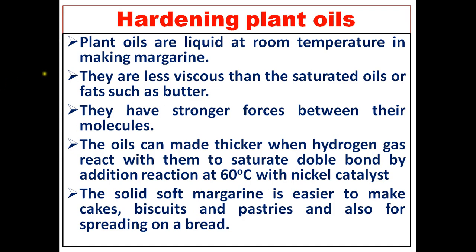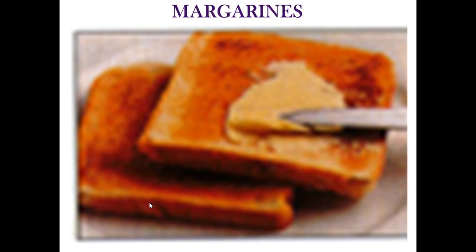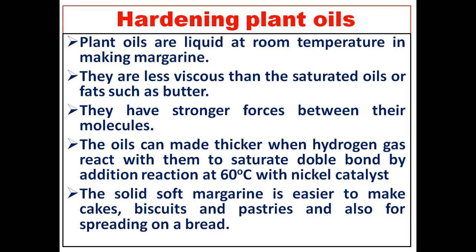The solid, soft margarine is easier to make, and hence we can make cakes, biscuits and pastries, and also use it for spreading on bread, which we can see in this diagram.